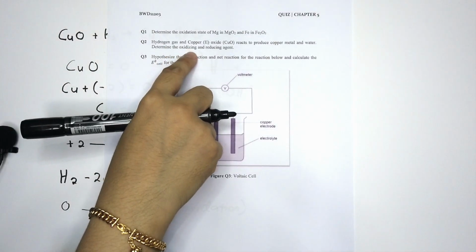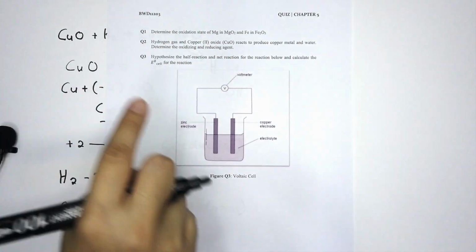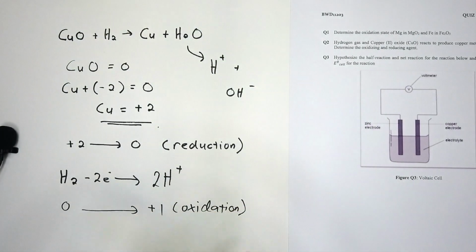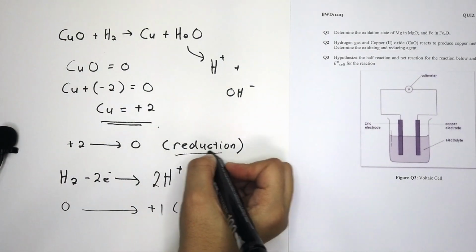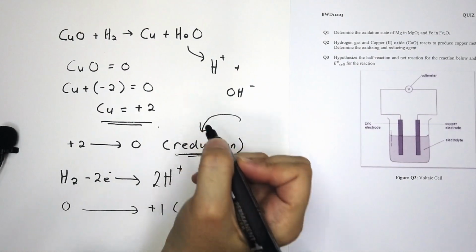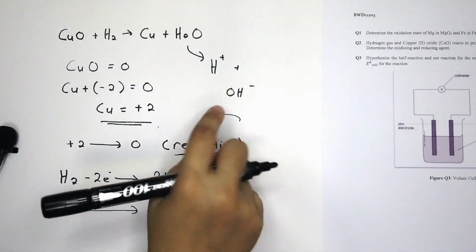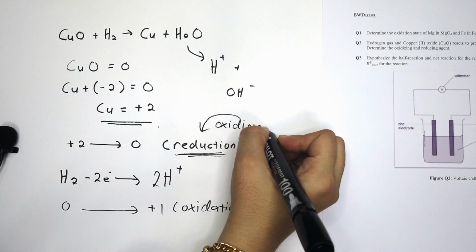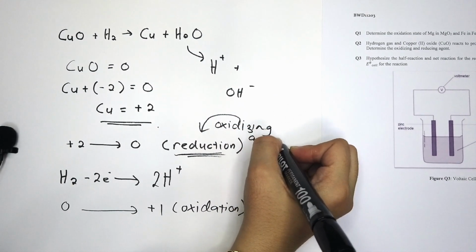Okay, and then we need to look again at the question. Determine the oxidizing and reducing agent. When it comes to agent, it's going to be the other way around. If it follows reduction, it means that this is an oxidizing agent.